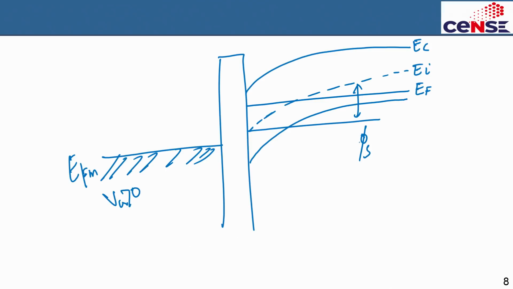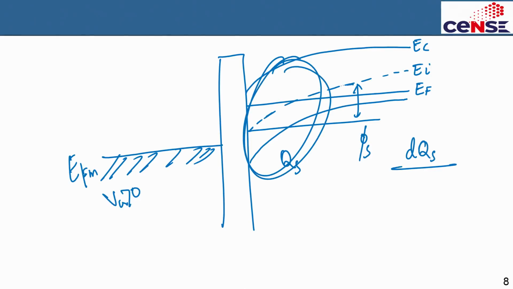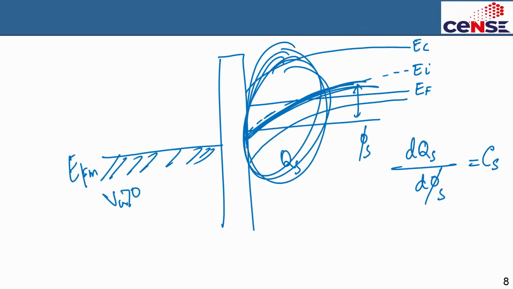The charge that is stored here, which is QS, with respect to what is the change in the charge here with respect to the band bending, this is called the semiconductor capacitance. In the semiconductor, what is the total charge here and how much are you modulating with the band bending, okay, that is called semiconductor capacitance.